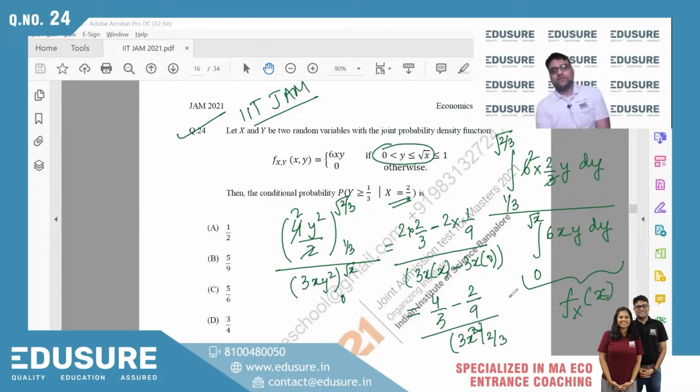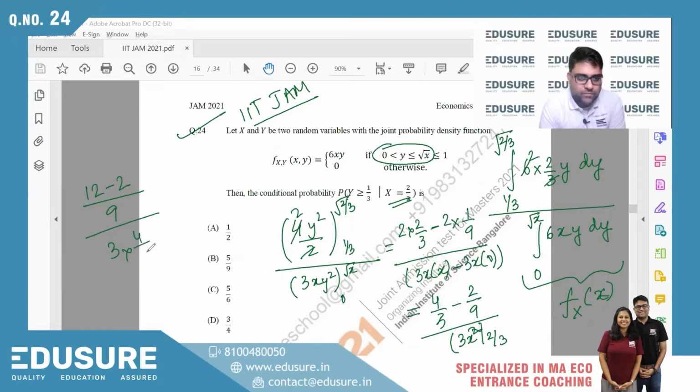So 4/3 minus 2/9 will be basically 4 into 3 12, 12 minus 2 10/9. And 3x square के जगह में divided by 3 into x square 4/9, 4/3. So 10/9 into 3/4.